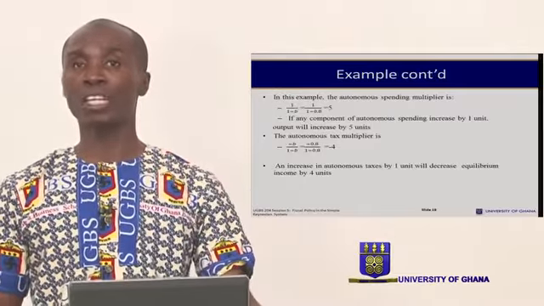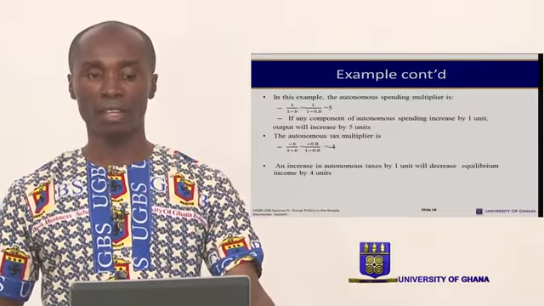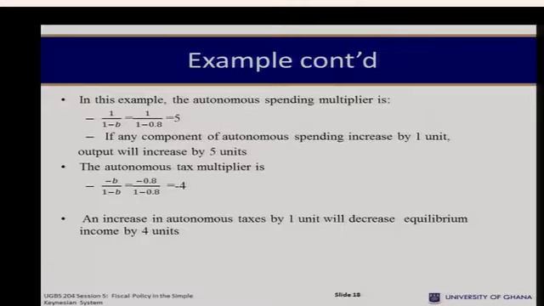Now, from this example, we can calculate what the autonomous spending and tax multipliers are, because we said that the spending multiplier is 1 over 1 minus B. In this example, B is 0.8. So when we plug it into the formula, we can show that it is 5, and then the autonomous tax multiplier is negative 4.